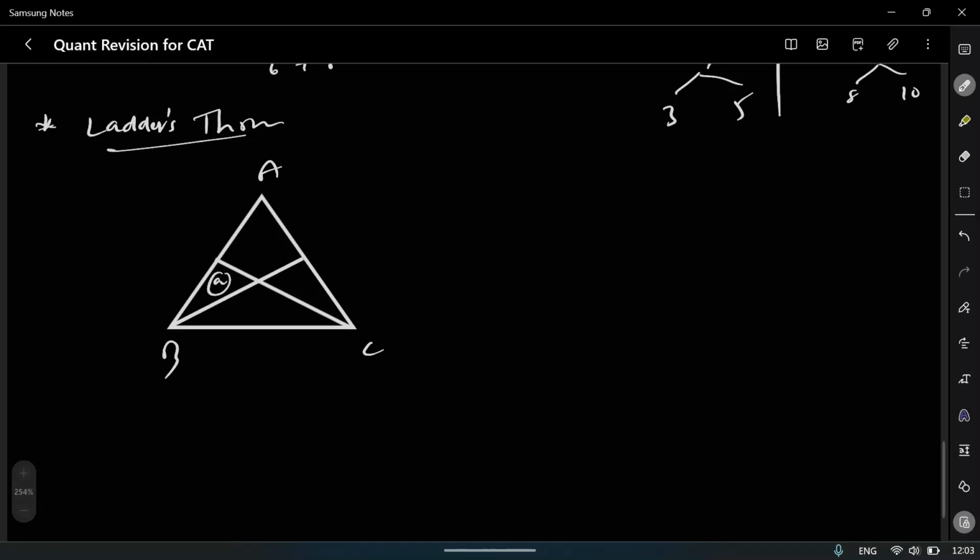Let this area be A, let this area be B, let this area be C, and the total area of triangle ABC is A. Then 1 by A plus 1 by C equals 1 by (A plus C) plus 1 by (B plus C). Just remember it. Don't go for the proof, it's a waste of time. It is a previous year's CAT question.